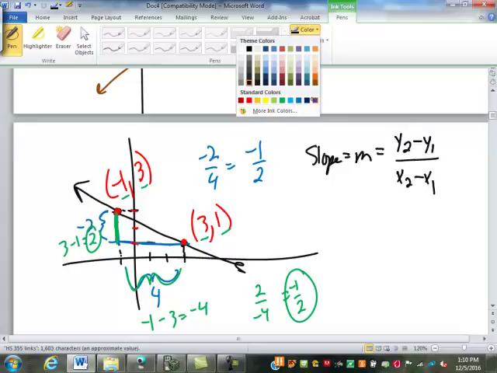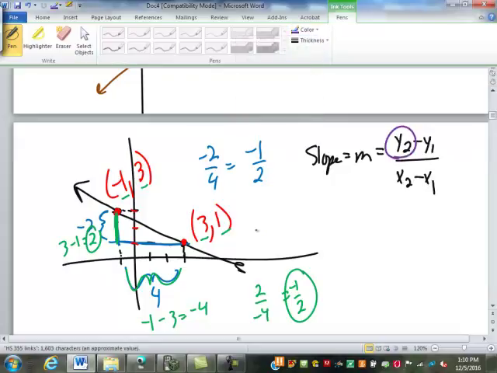So what this is, y coordinate of point 2 minus the y coordinate of point 1. Let me give you some points here. Let me give you the point 3, 7, and 5, 1.